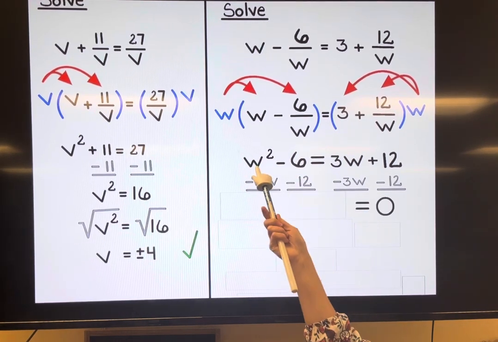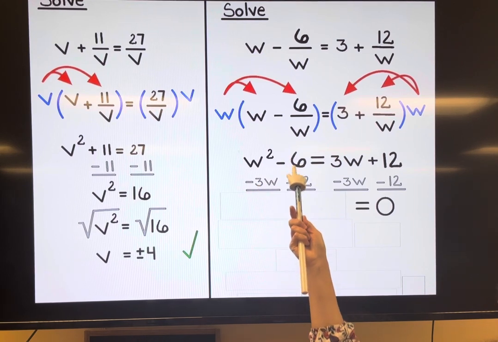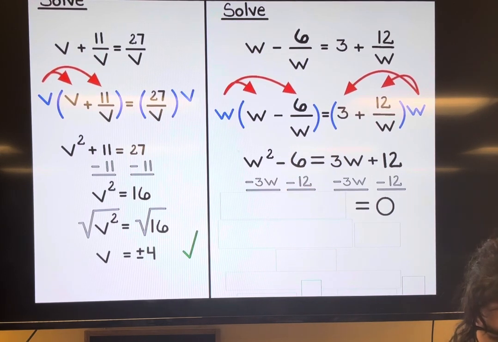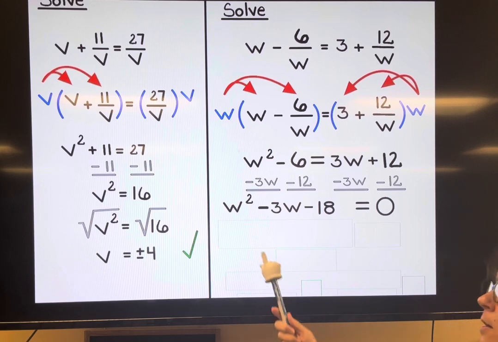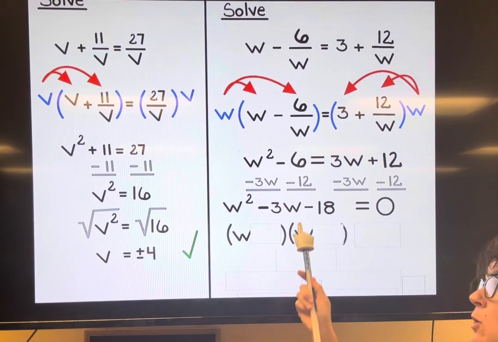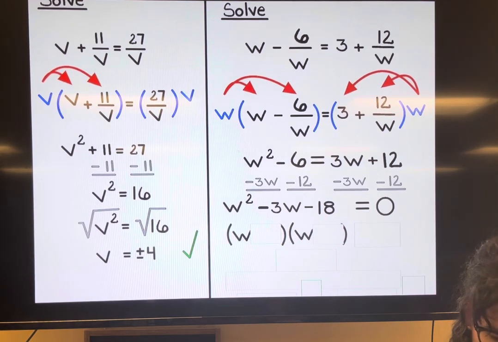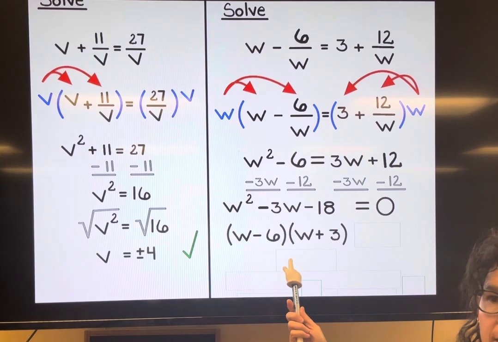If we do this, we are going to have w squared minus 3w, and then negative 6 minus 12 is negative 18. We want to factor, so thinking of two numbers that multiply together to get negative 18 and add up to negative 3. That's going to be negative 6 and positive 3.